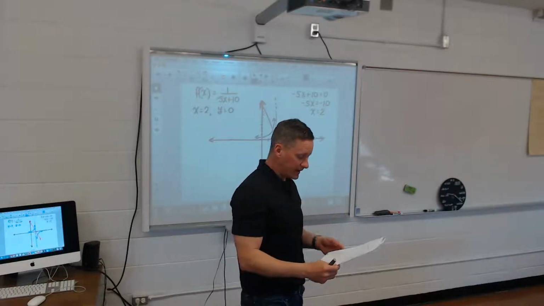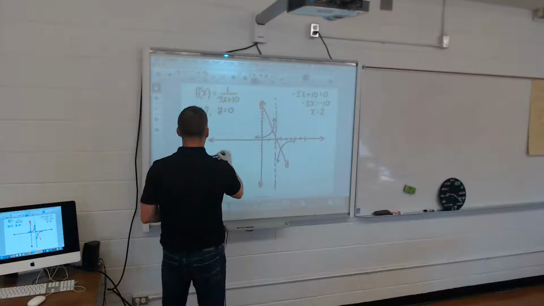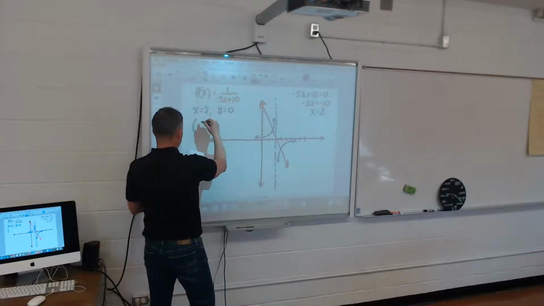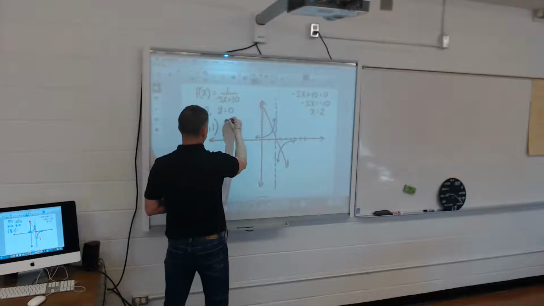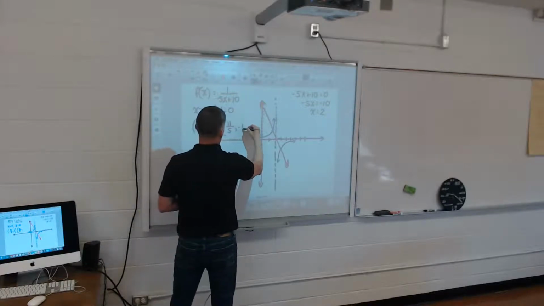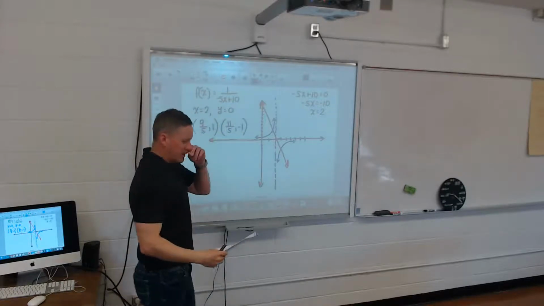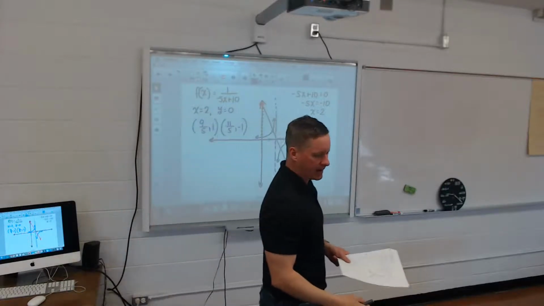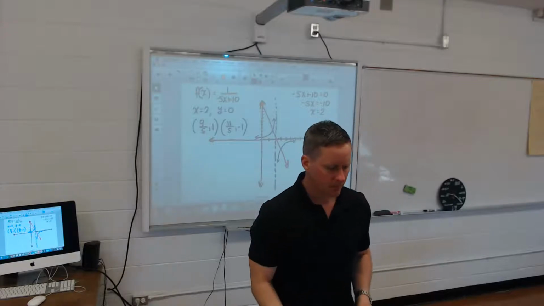The invariant points, these were not as easy to find. So if you wrote them as decimals, that was fine. Again, I'm okay with that.